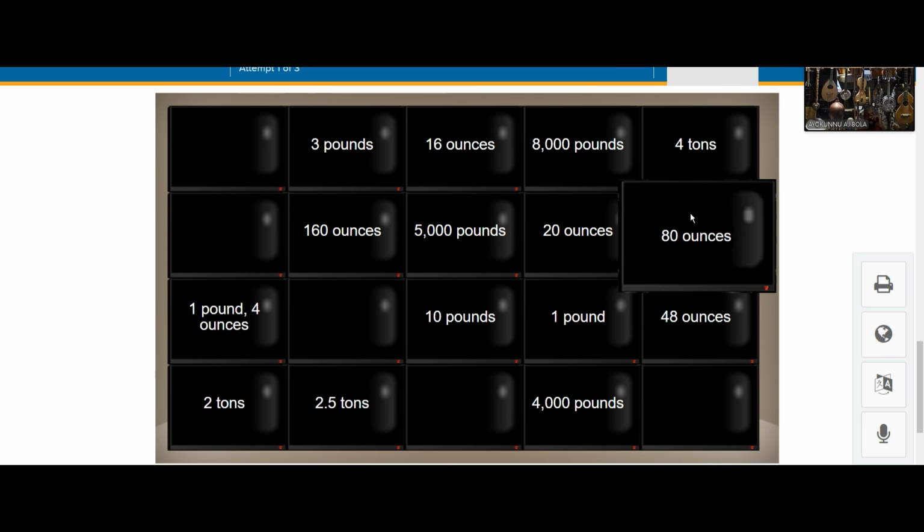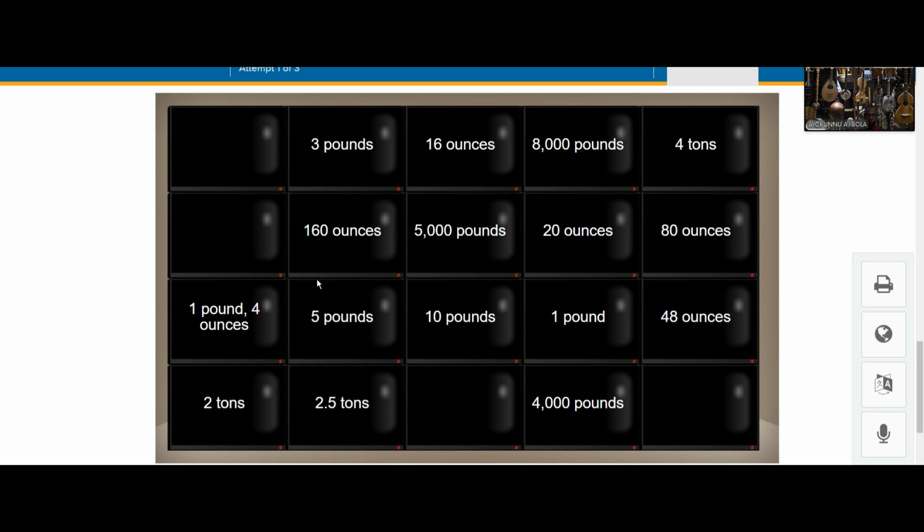Then the next one, maybe this one under here is 80 ounces. That would be 5 pounds if you divide by 16. So I think we have 5 pounds here.